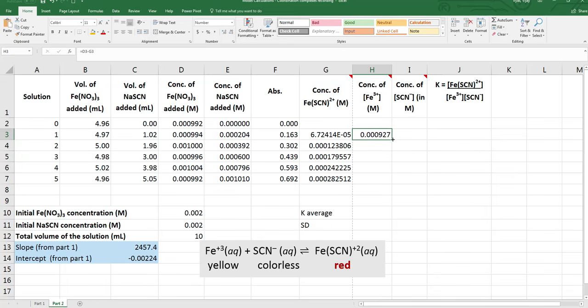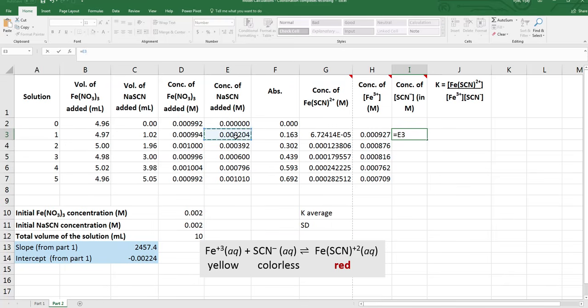And then you double click at the corner, and that gives you the equilibrium concentration of your iron species. Similarly, to get the equilibrium concentration of thiocyanate, we go for equal. Your initial concentration is this one minus the amount of thiocyanate formed, which is this one. Enter, and then you populate all other cells.